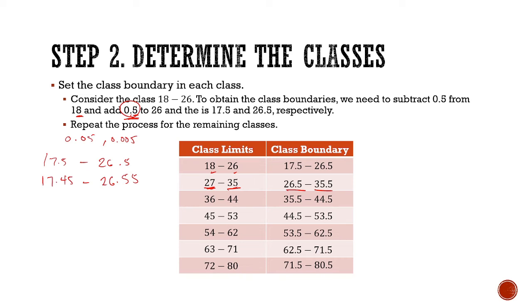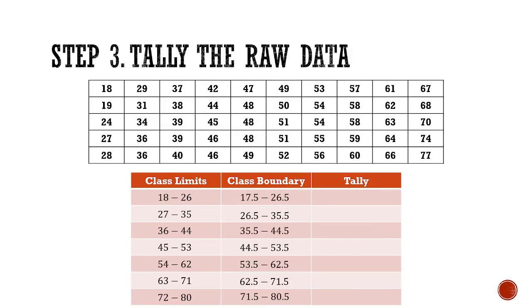So the next step I think is we need to add the tally. We need to tally. By tally, we need to count all of the values that are between or inside 18 to 26. So as you can see here, we have 18 to 26.